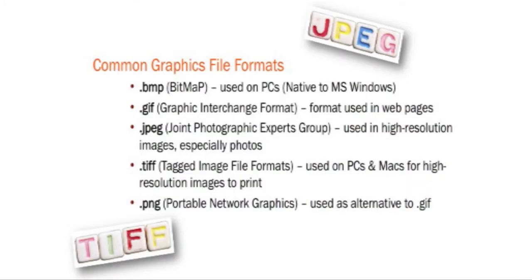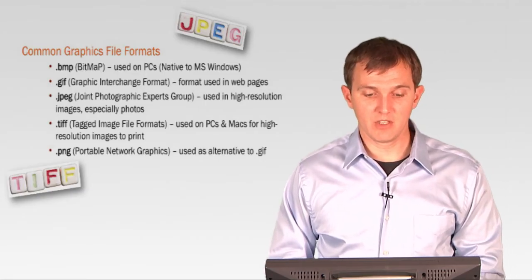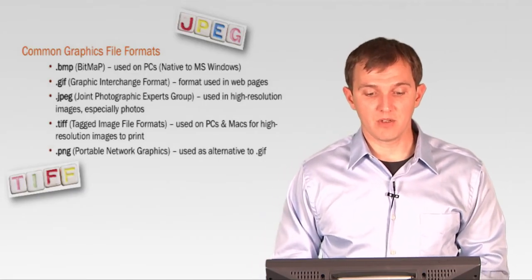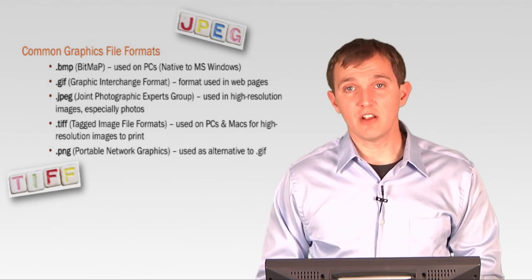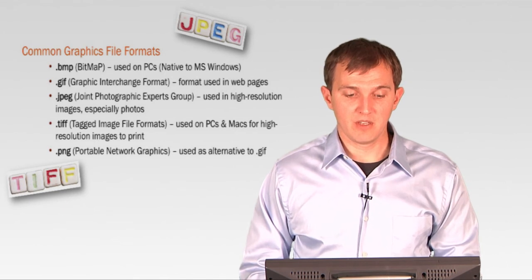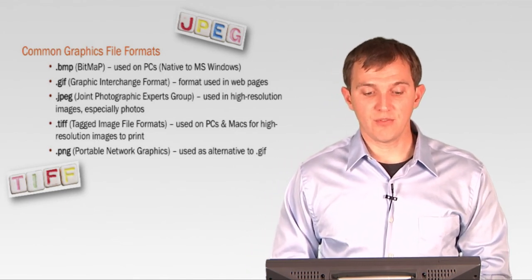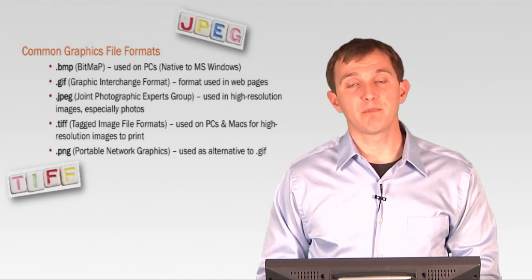So continuing on a little bit about common graphic file formats, as I said, JPEGs are on here. We also have bitmap, GIF files, TIFF files, and PNG files, and they each have their own positives and negatives. As you may know, a GIF format supports transparency.